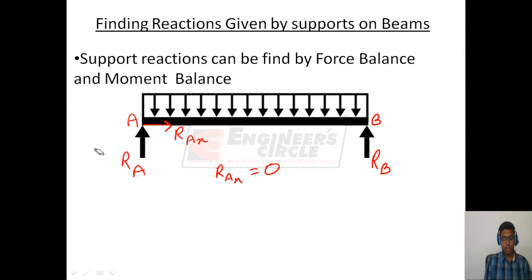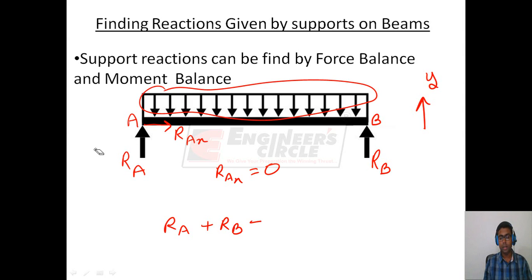So we can say here that RA plus RB, considering positive Y to be upwards, minus the force due to this UDL. The force due to this UDL can be written as its intensity W times the length of the beam L, that is WL, because W is in Newton per meter.